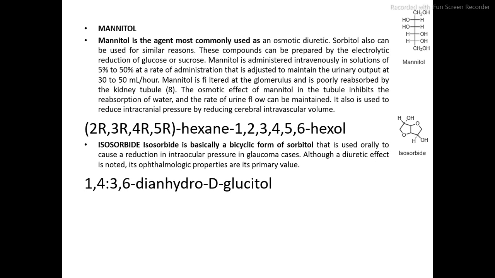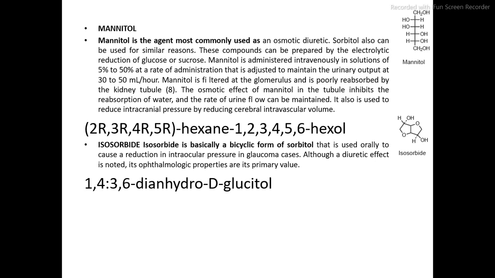And this one is isosorbide. Isosorbide is basically a bicyclic form of sorbitol that is used orally to cause reduction in intraocular pressure in glaucoma cases. So isosorbide is used in glaucoma cases to reduce the intraocular pressure.